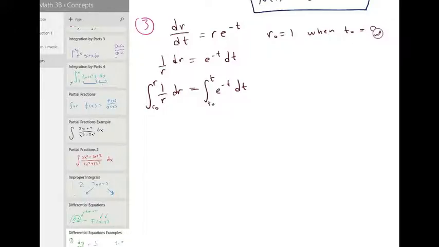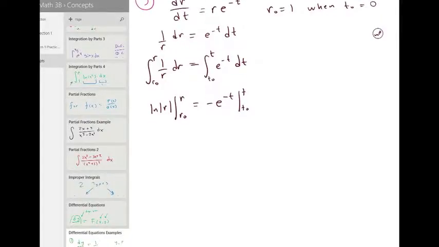The integral of 1 over r is ln absolute value of r from r0 to r. The integral of e to the negative t is negative e to the negative t from t0 to t. If we evaluate this, we get ln absolute value of r minus ln absolute value of r0, and this should equal negative e to the negative t minus negative e to the negative t0.